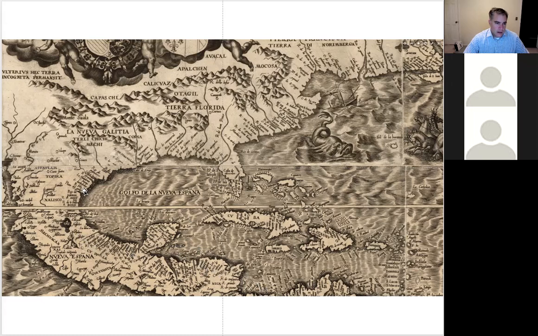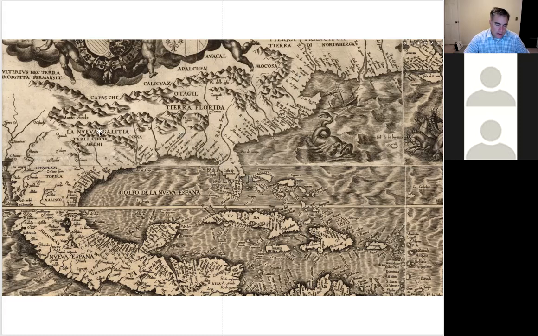You also notice that there are a few place names along the rivers, and again, this is only 1562. It's basically two generations removed from European discovery in 1492.